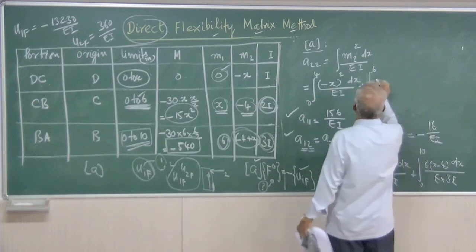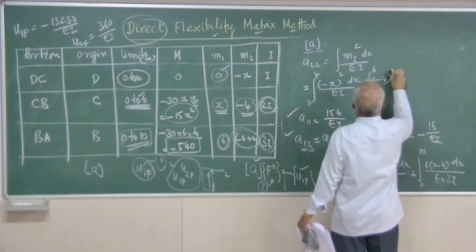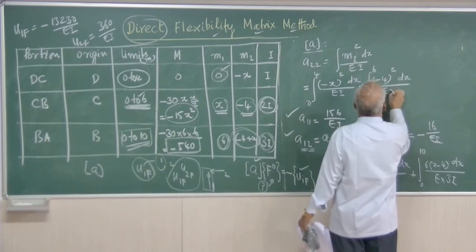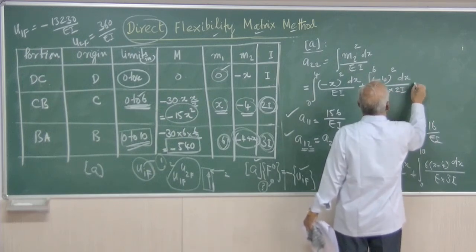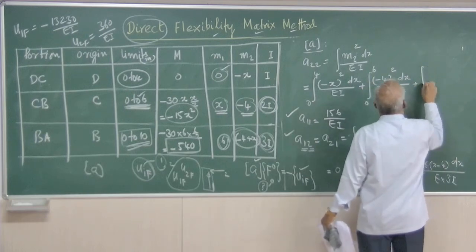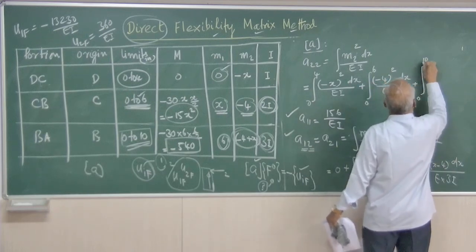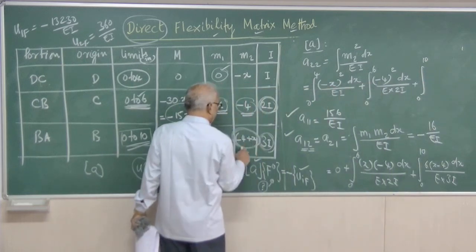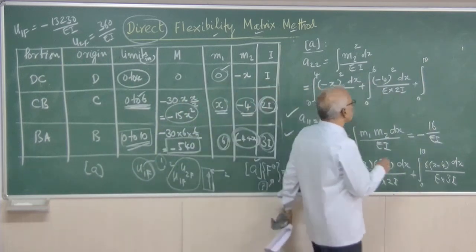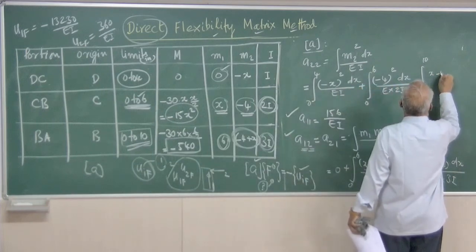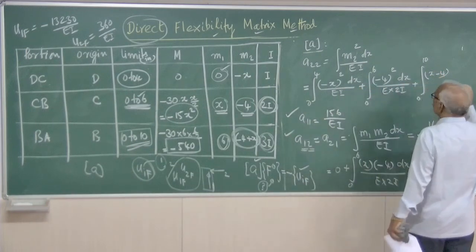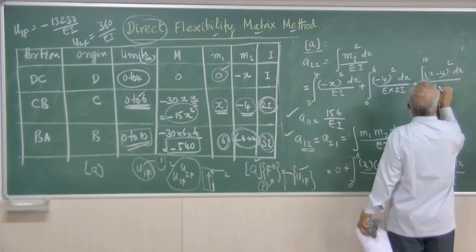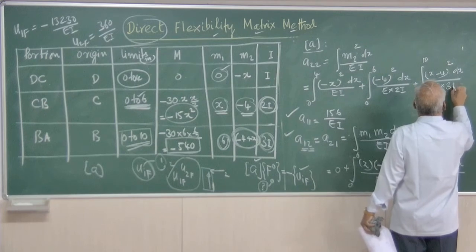So, minus 4 whole square, m2 square into dx by E into 2I, plus 0 to 10, where M2 is equal to x minus 4. So M2 square into dx by E into 3I.